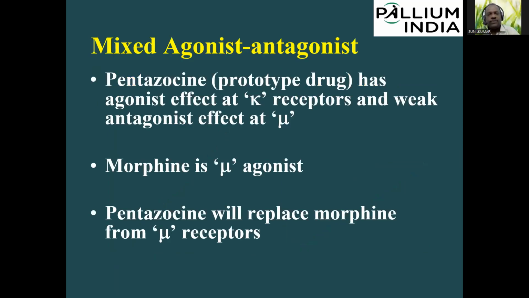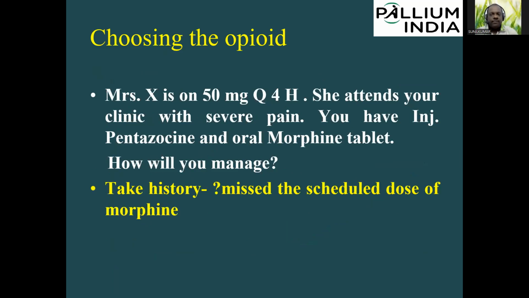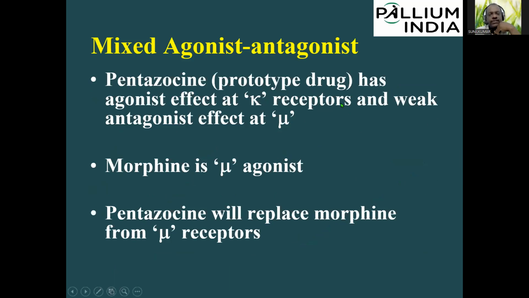And our pentazocine is an agonist-antagonist group of medication. Because after a certain dose, it will not give pain relief. And in addition, pentazocine is an agonist at the kappa receptor and a weak antagonist at mu.